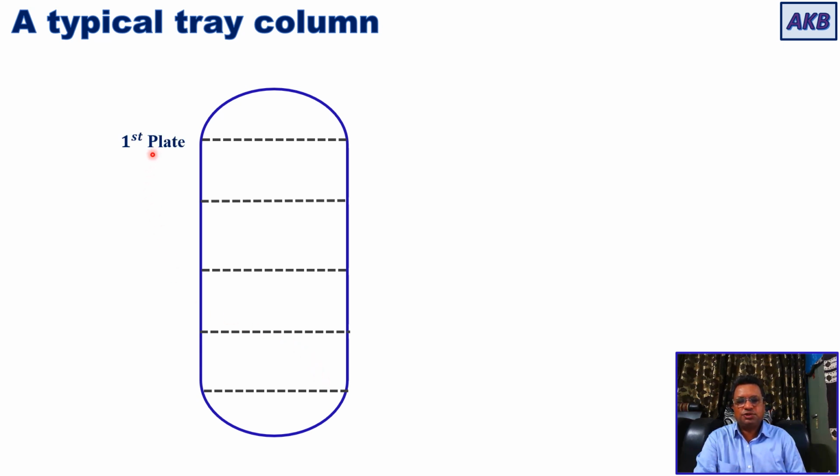This will be the first tray, first plate, and this will be the last plate in the column. Let it be the capital Nth plate. Then feed is entering on one of the trays, which is almost centrally located. I'll talk about the notations shortly. So this will be the feed plate.